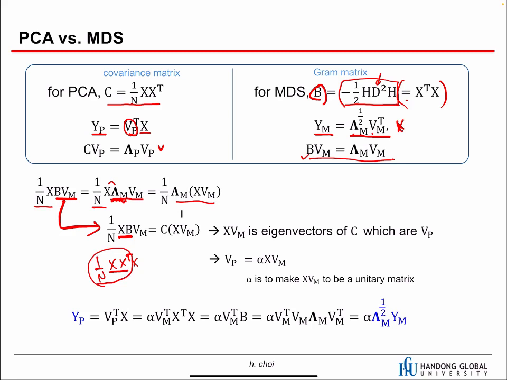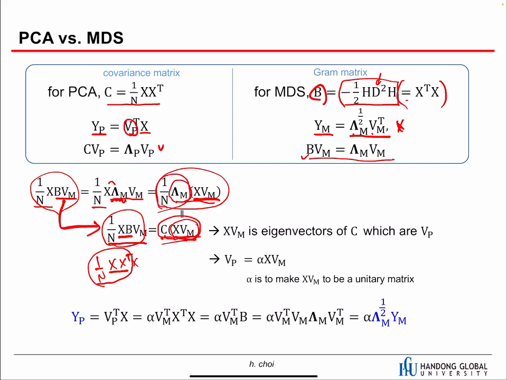So we can rewrite this term with C and X and v_m. Now this one is exactly the same as this one, so this one is supposed to be the same as this one. We have a C and we have X v_m here. X v_m is a vector. Then this one is the eigenvector of C, and this one is the eigenvalue with 1 over m.